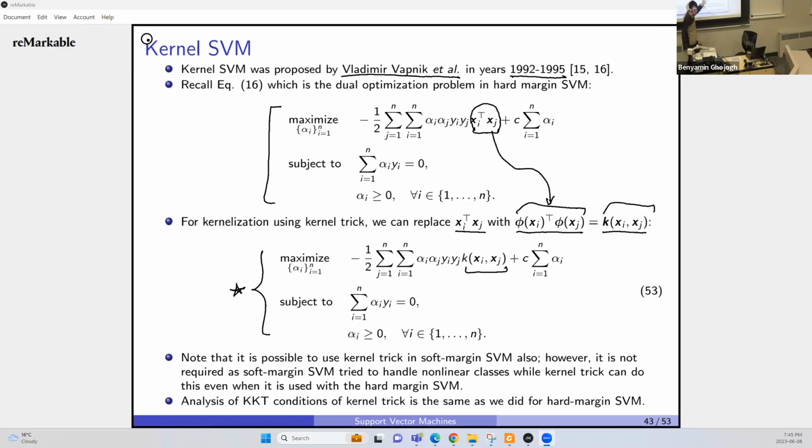Do you agree that this is a quadratic programming problem as before? The only difference is that xi transpose xj is replaced by the kernel of xi and xj. Do we have the kernel of xi and xj? In hard margin SVM, we could easily calculate xi transpose xj, right? We have the points to calculate the inner product. Can we easily calculate the kernel here in equation 53?